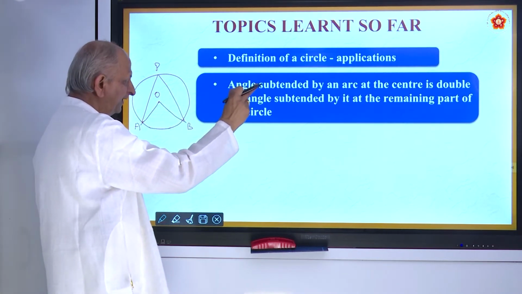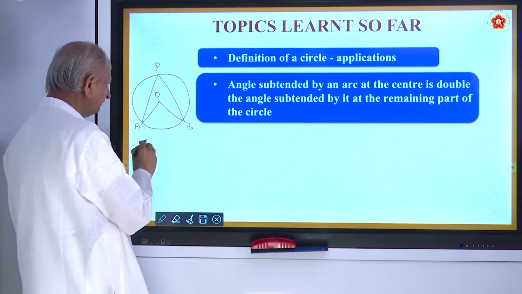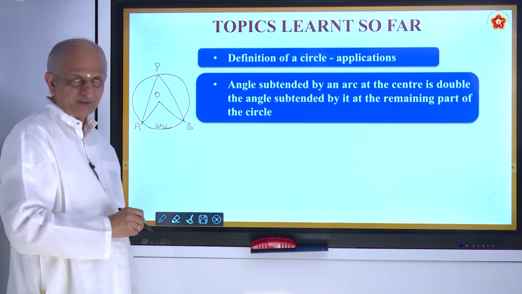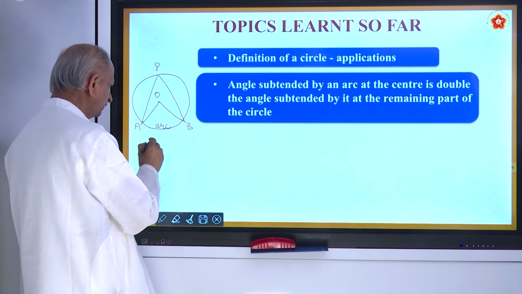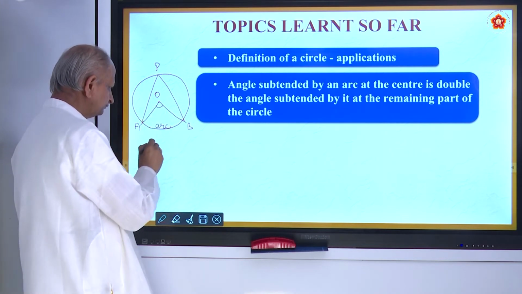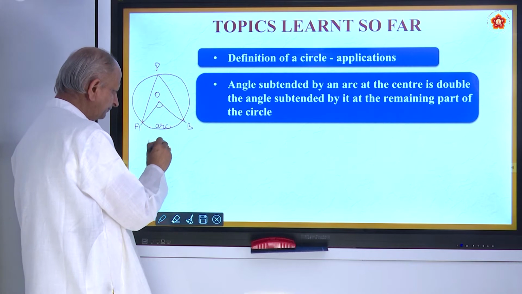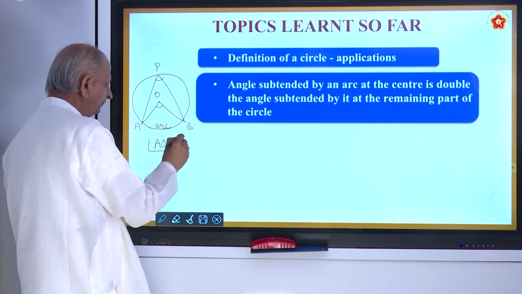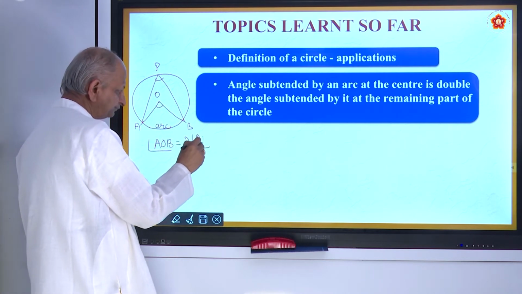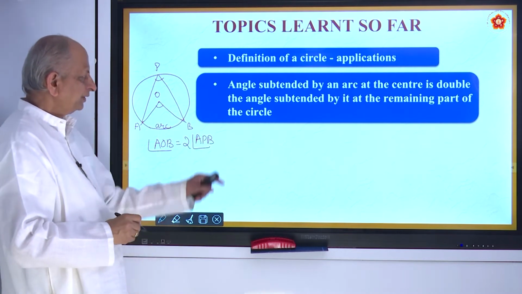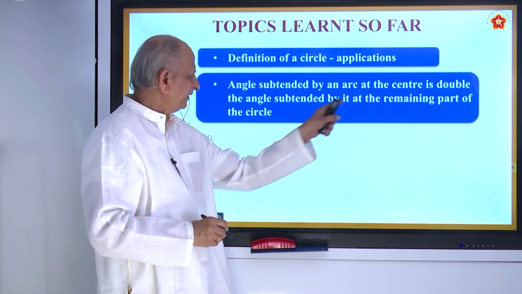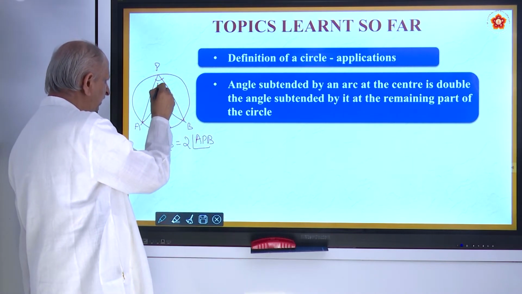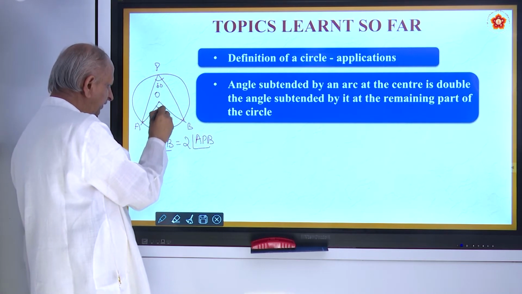Angle subtended by an arc at the center means this is called arc. What are AO and BO called? They are called radii. So this is the angle, that is angle AOB is equal to 2 times APB. That is the meaning. Double the angle subtended by it at the remaining part of the circle. So 2 times this. Suppose this angle is say 60, this becomes 120. That is the meaning.